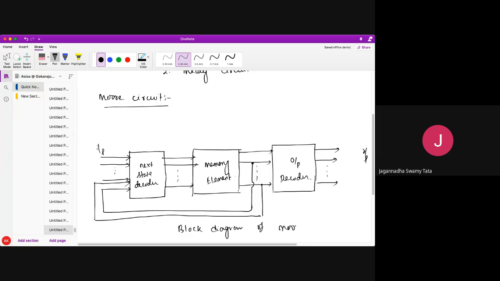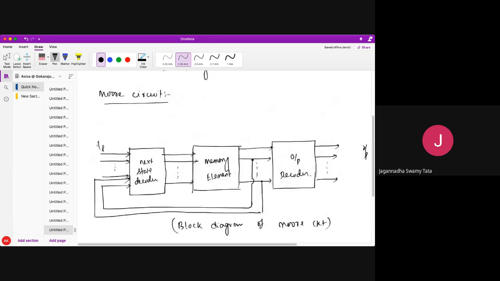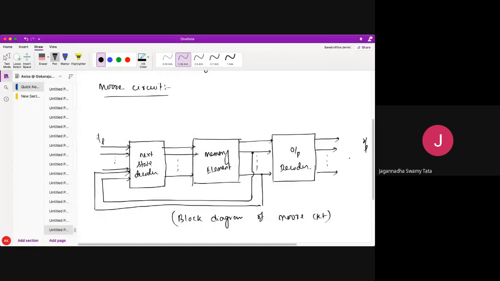Okay, so now what happens in the Moore circuit? The Moore circuit output depends only on the present state of the flip-flop.